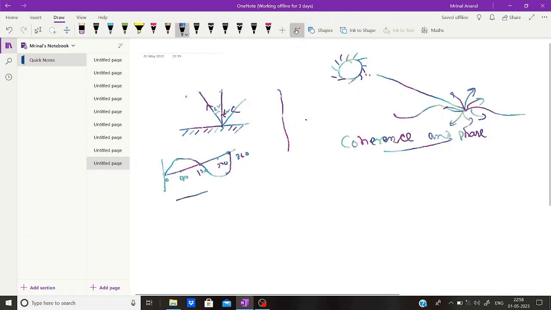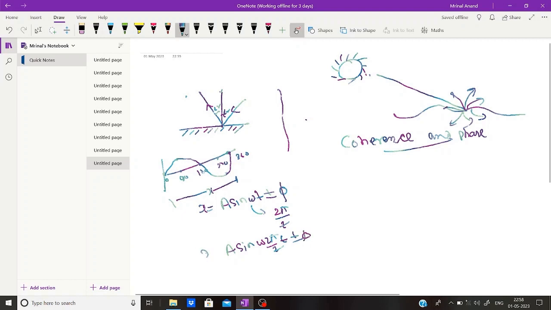So this is all the displacement of the wave, and the displacement of the wave can be given by x is equal to a sine(omega t plus or minus phi). Here phi is the phase difference, and omega is 2 pi by T. So we can write x is equal to a sine(2 pi by T into t plus or minus phi).